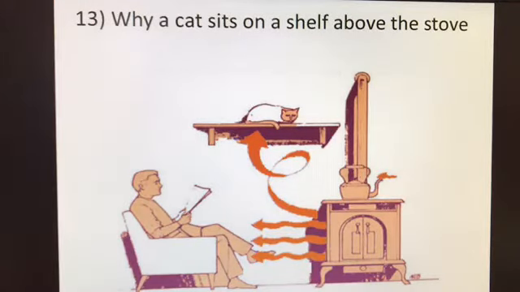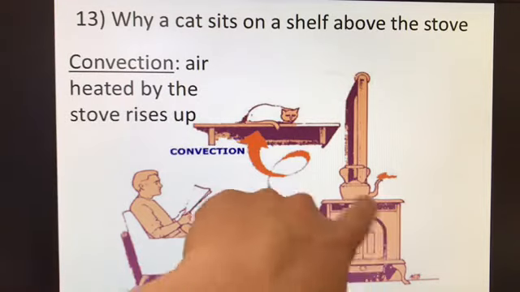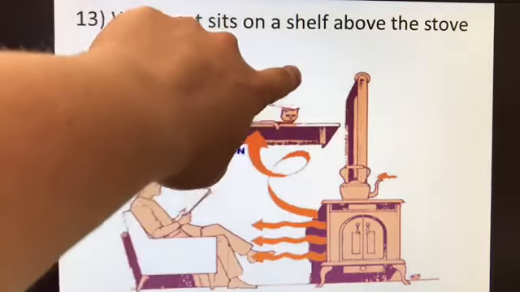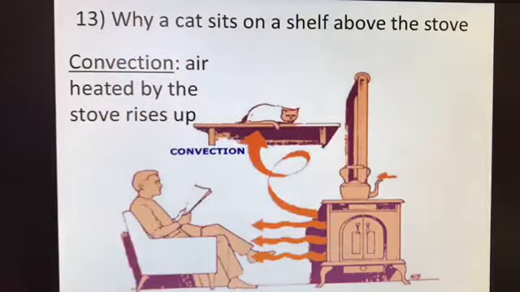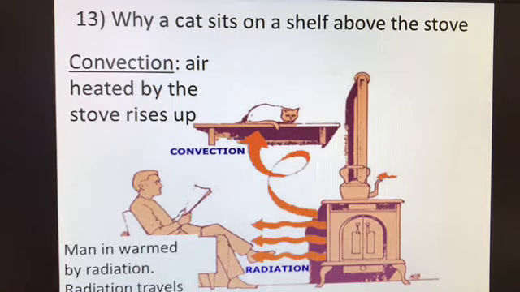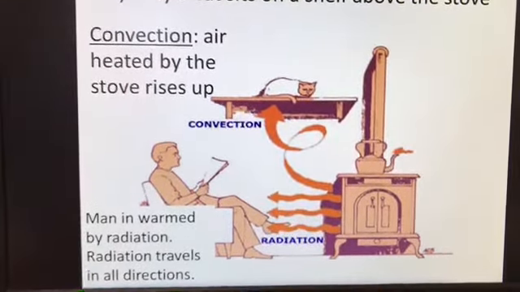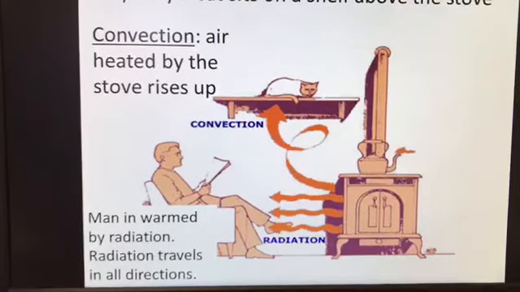Okay, why do cats sit on a shelf above stoves? So what is that, conduction, convection, radiation? It's convection, because the air that's heated by the stove warms up and it goes upward. That hot air rises. But we have here a couple different examples in this picture. We have here the man being warmed by radiation. Because it travels in all directions, he can sit next to the stove and feel that heat.